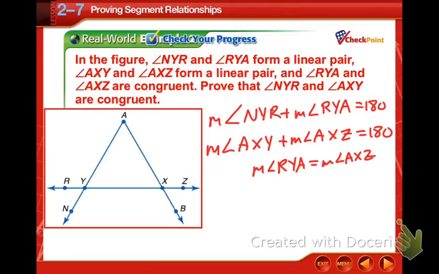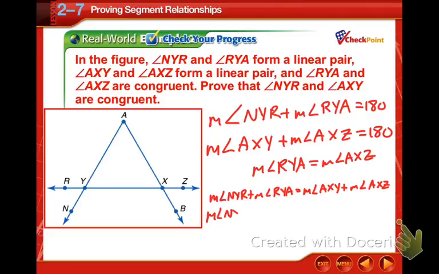So I can substitute that in and set these equal to each other like we did before. So we have the measure of angle NYR plus the measure of angle RYA equal to the measure of angle AXY plus the measure of angle AXZ. And we just said that RYA and AXZ are congruent, so that means we can replace one of them.